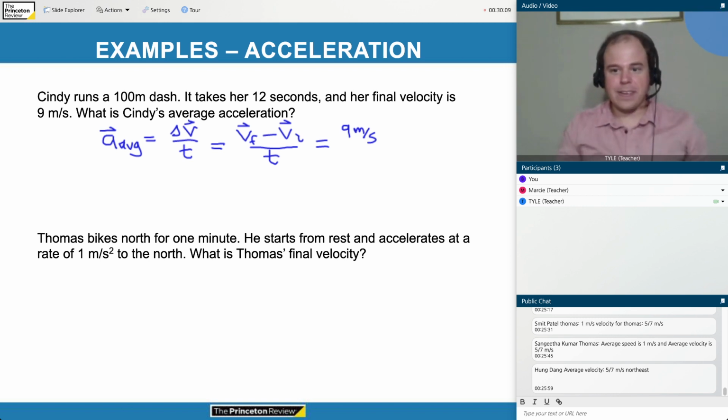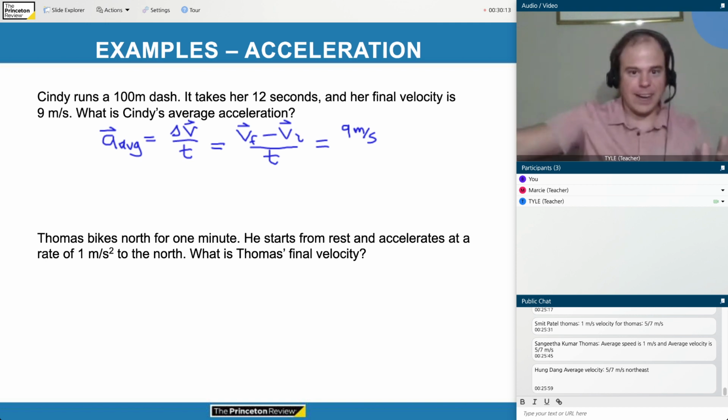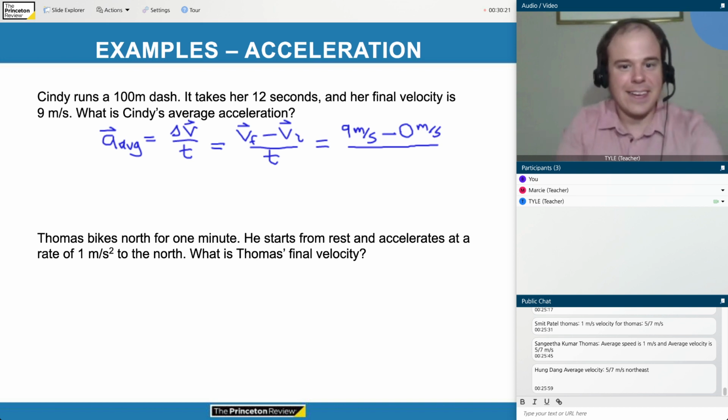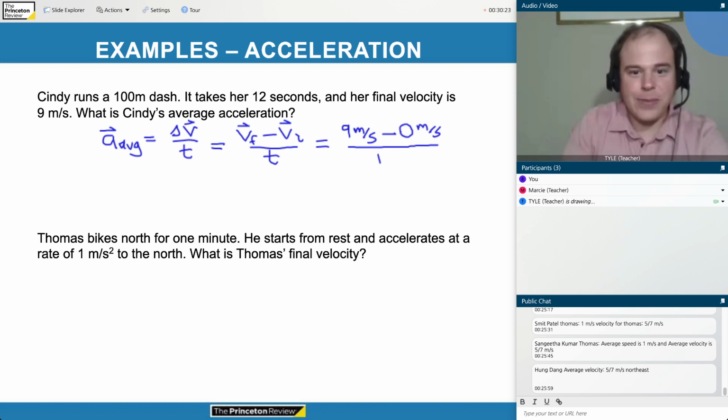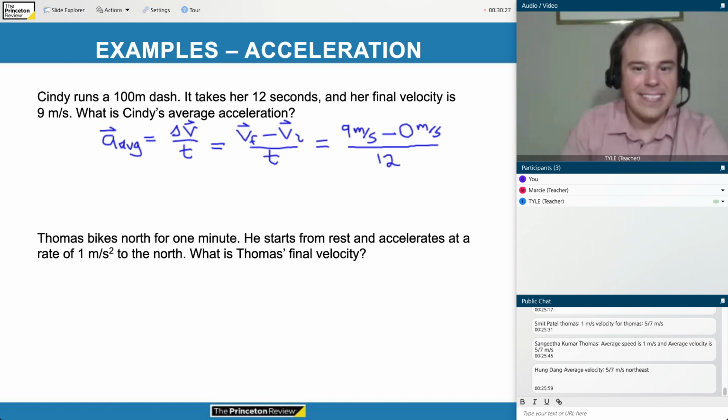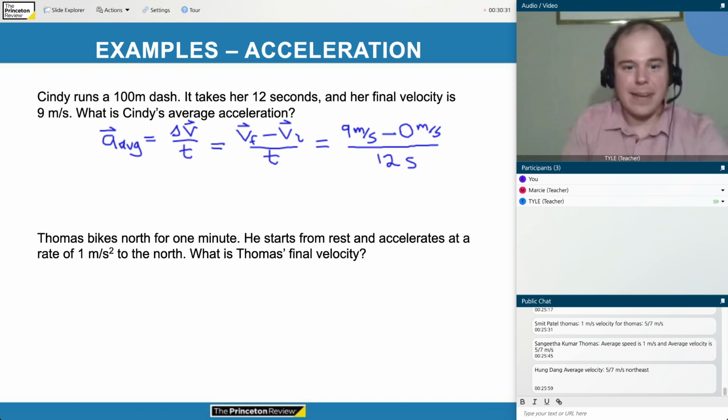During the 100-meter dash, you start crouched down in the blocks, and then the gun goes off, and you start running. So she starts from 0 meters per second and goes up to 9. So final is 9, initial is 0. And we said it took her 12 seconds. That's pretty good for the 100-meter dash. Okay, 12 seconds. So then, what's 9 divided by 12? This is a fraction I could simplify.